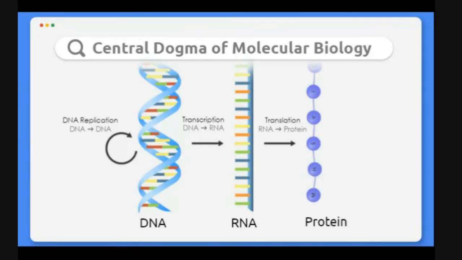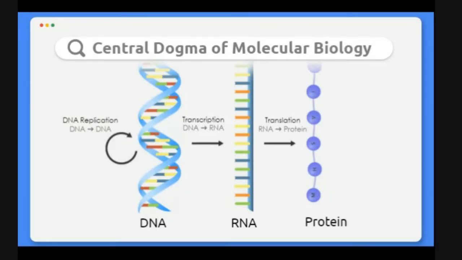Pwede mo i-compare yung telomere length ng tao na may cancer and tao na normal by pwede mong lagyan ng fluorescent probes yung telomeres mo. So fluorescent probes umiilaw siya.